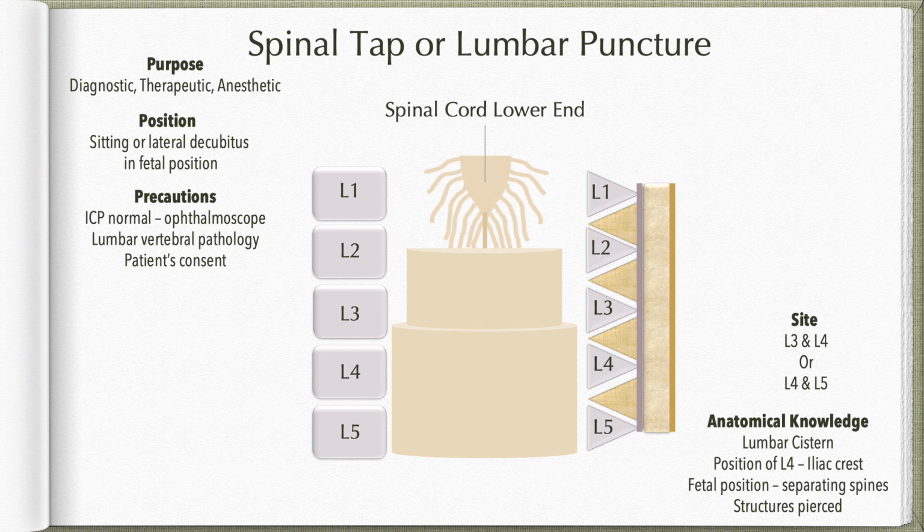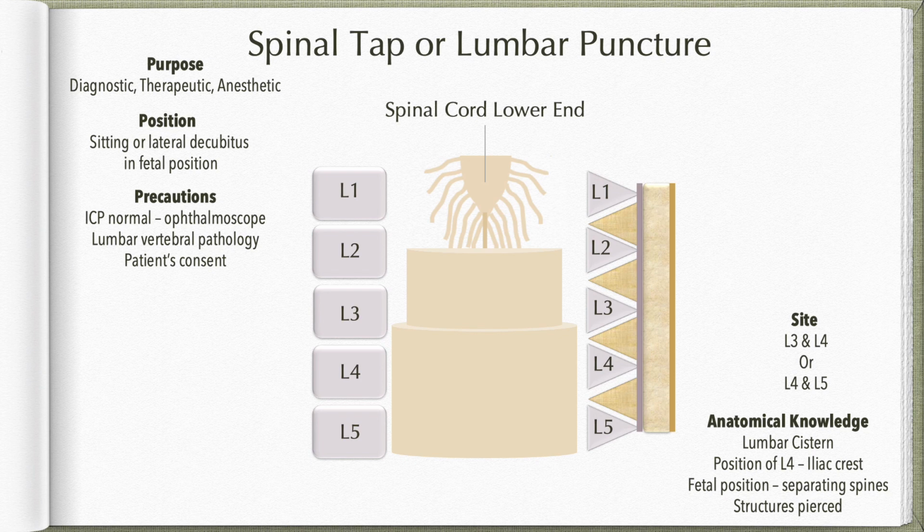The first one is the presence of the lumbar cistern. We know that the spinal cord ends at the level of L1, but the subarachnoid space continues all the way down to S2 level, that is the second sacral vertebral level. So between L1 and S2, there is a roomy subarachnoid space filled with CSF.